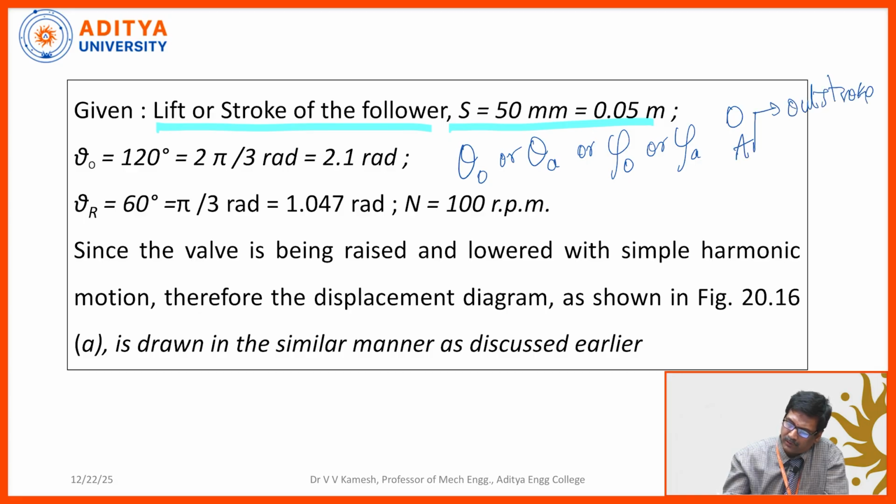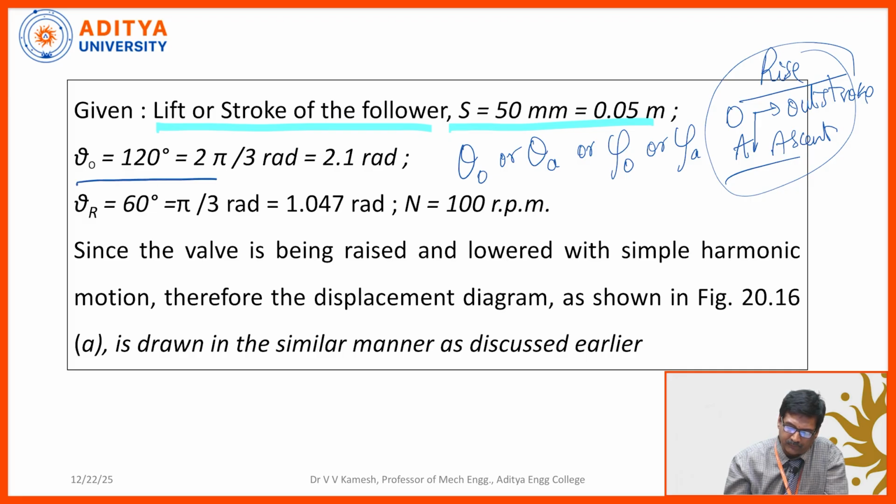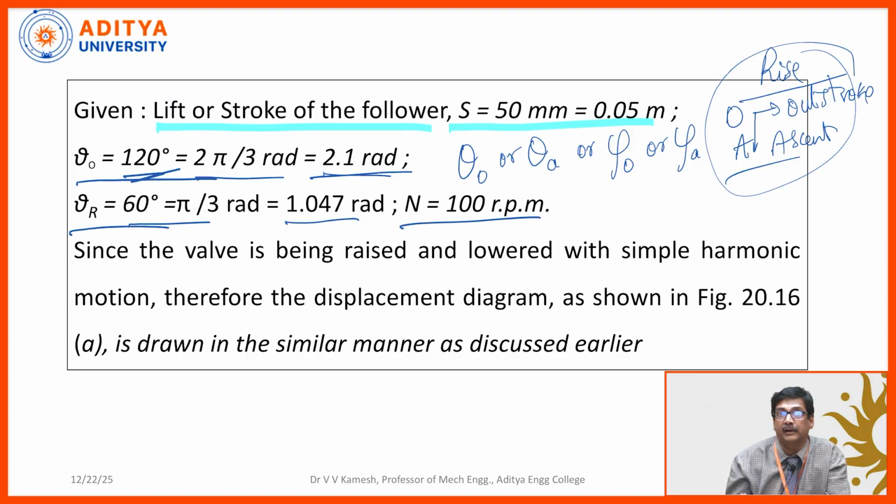The same thing you can call with the A, ascent, or you can call it the rise, right? All are the same. So this outstroke angle is 120 degrees. So it is 2 pi by 3 radians. So this is 2.1 radians, and in the return stroke 60 degrees. So this will be 1.047 radians and N is given as 100 rpm.